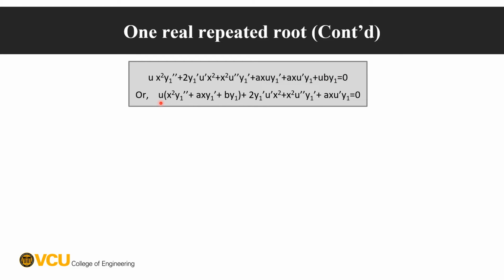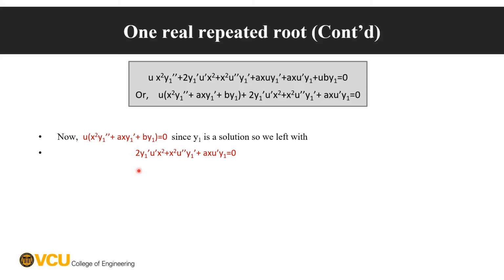So if we factor out u from these terms, we get an equation like this. And next we say that this term is equal to 0 because y1 is a solution of the main equation. So what we are left with is this term, the rest of the equation, equals 0.